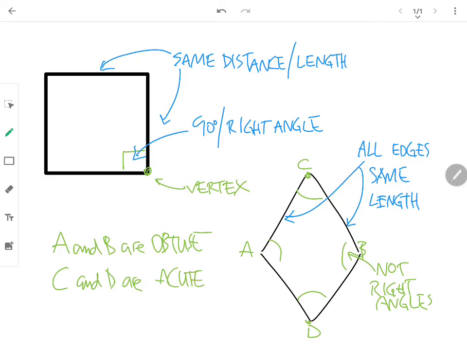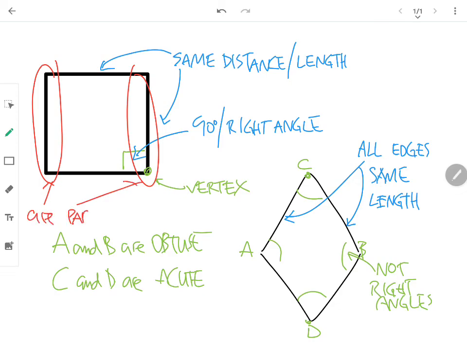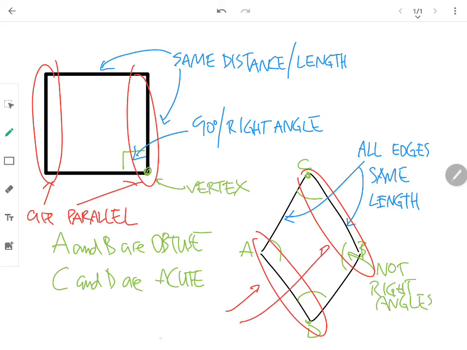All right. So another similarity between rhombuses and squares, the last thing I'm going to leave you with, is that these sides in a square, these two edges, are parallel to one another. And in the rhombus, these two edges are parallel to one another.